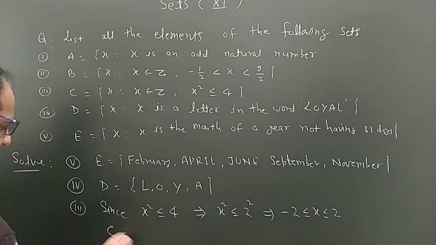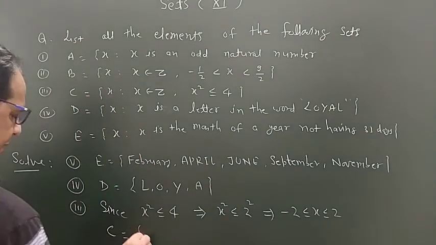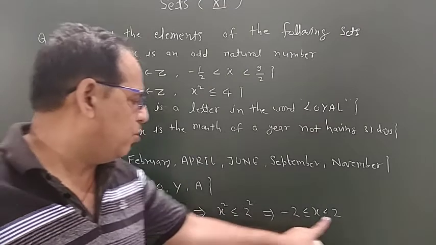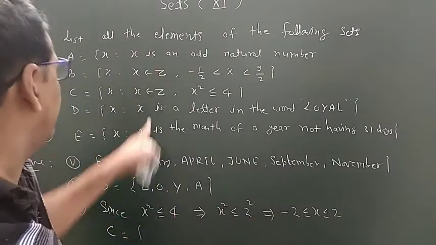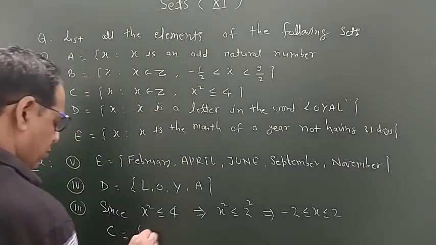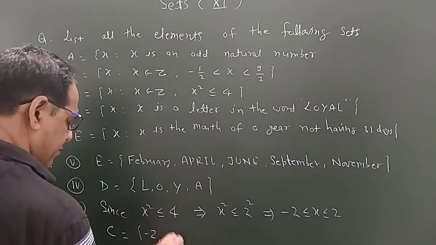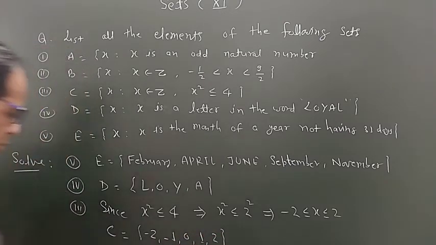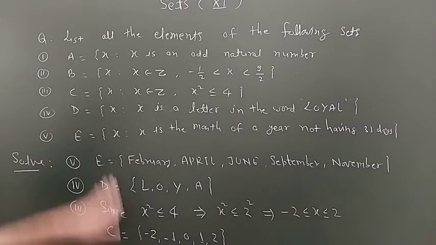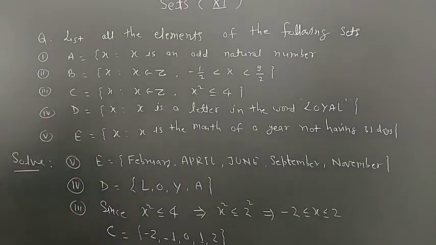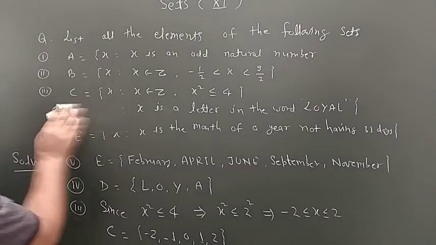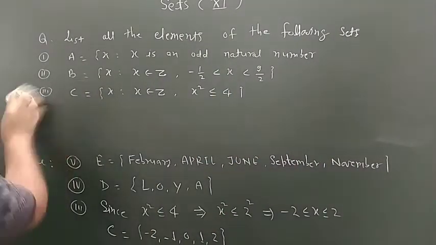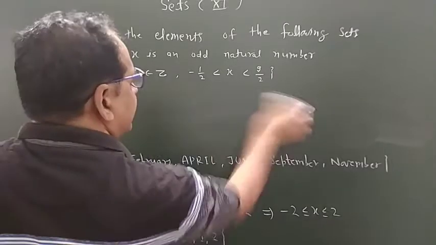So C can be written with x having values from minus 2 to 2, and x is an integer, so we have minus 2, minus 1, 0, 1 and 2. So this is the set C according to question number 3. These 3 parts are completed here.